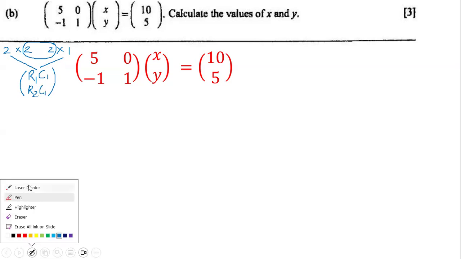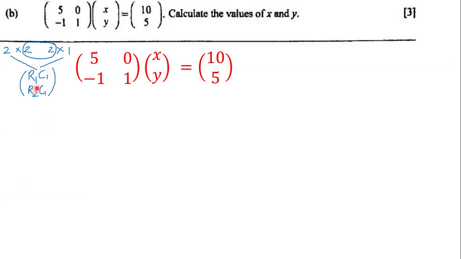So this right here is telling us the order of the resultant matrix when we multiply these two, all right? Again, this one is a square matrix. It has 2 rows and 2 columns, so that's why we have a 2 by 2. And this one is a 2 by 1 because it has 2 rows and 1 column. These two are equal. The resultant matrix is a 2 by 1 matrix. Row 1, column 1, row 2, column 1.